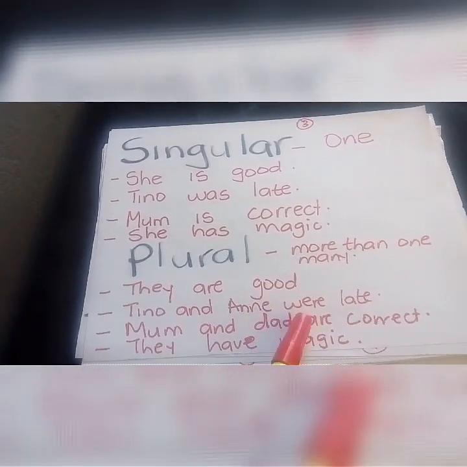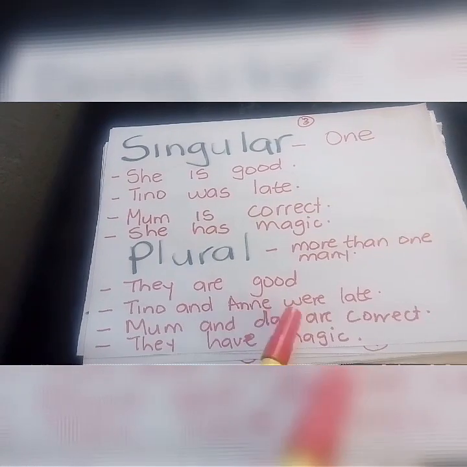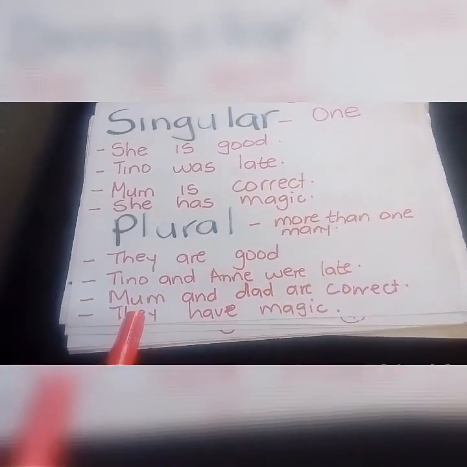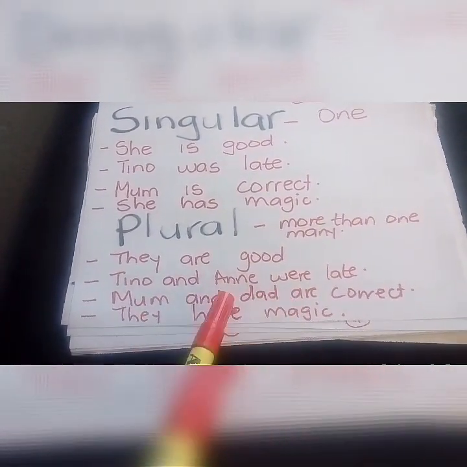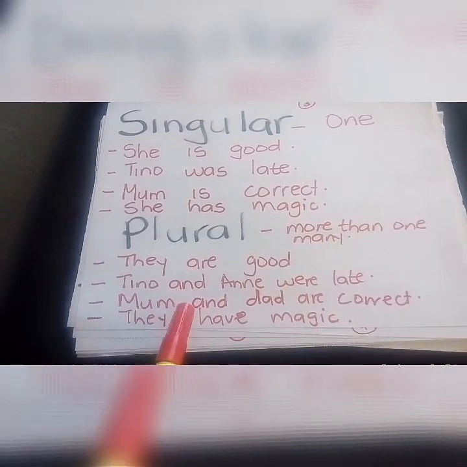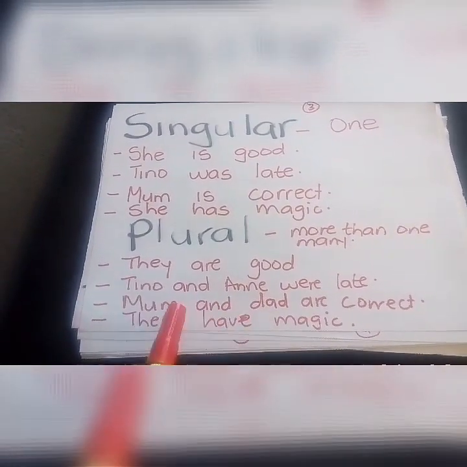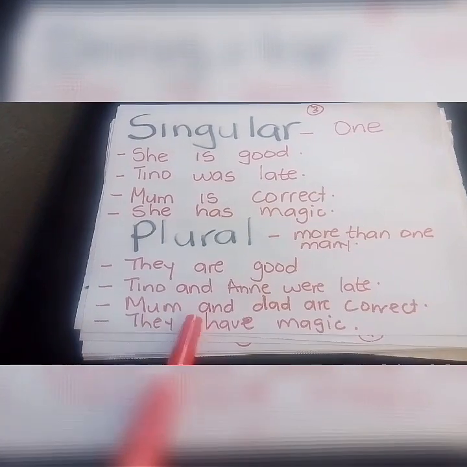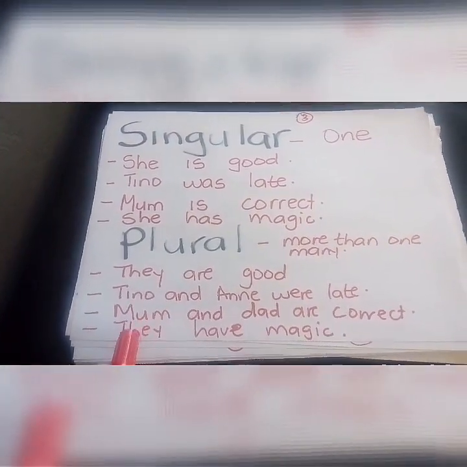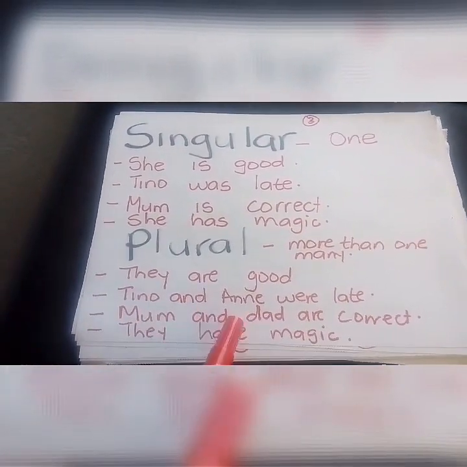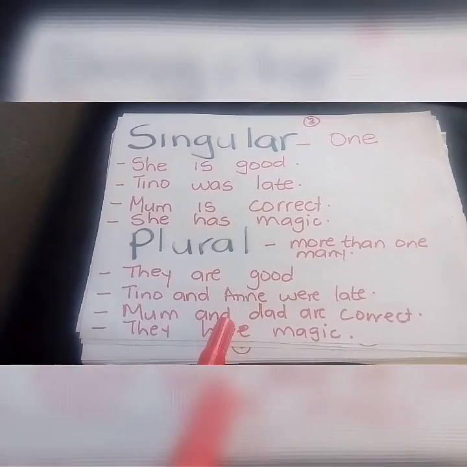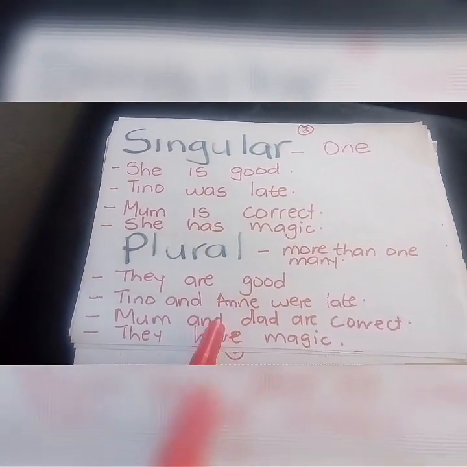"Are" is also a plural linking verb. So that is what we have to do. They have magic. When we are talking about many people, our verb should be "have" in present tense. So "they," a plural subject, is followed by "have," which is a plural verb.